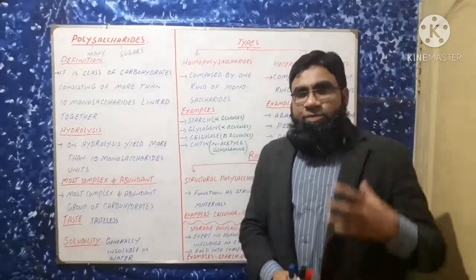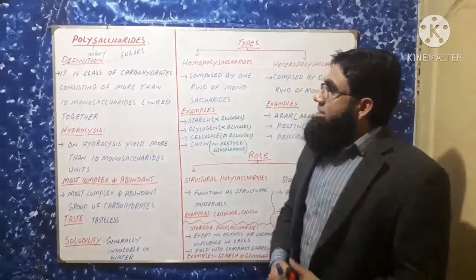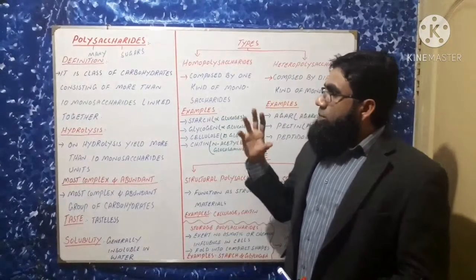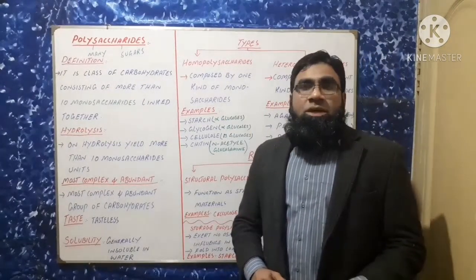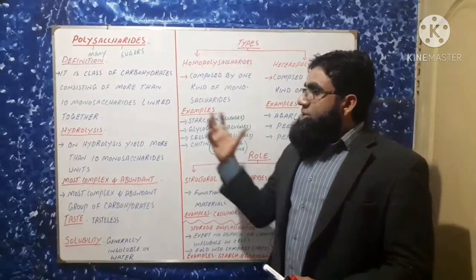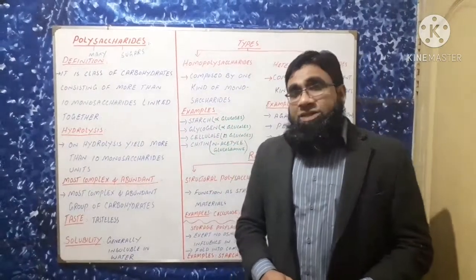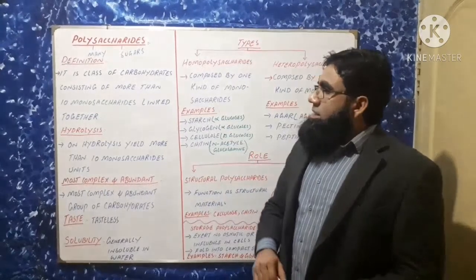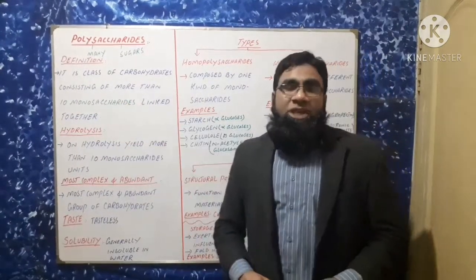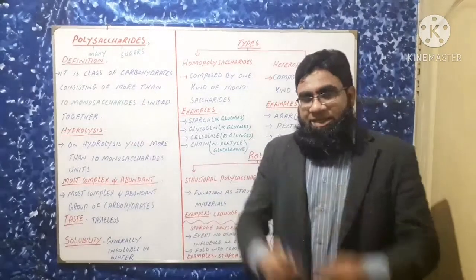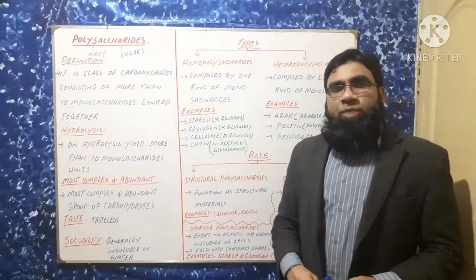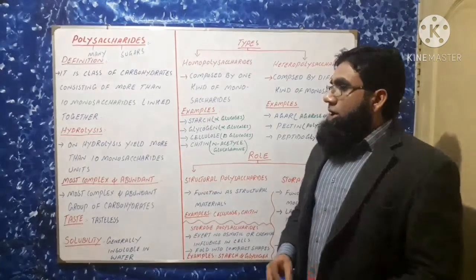We can define polysaccharides as a class of carbohydrates consisting of more than 10 monosaccharide units linked together. In polysaccharides, there are more than 10 monosaccharide units which are linked together with the help of glycosidic bonds.